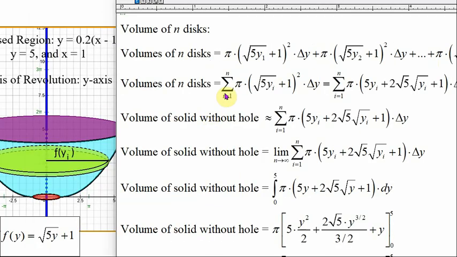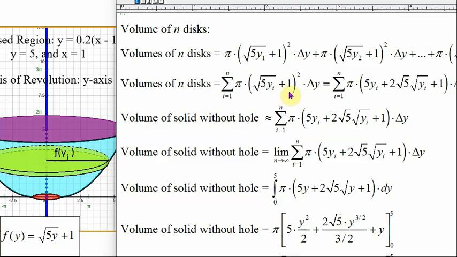And using what's called summation notation, then we would have i running from 1 to n, with the expression pi times the square root of 5y sub i plus 1 squared, and then times delta y. And once again, delta y is the thickness of the ith disk, and the square root of 5y sub i plus 1 is the radius of the disk.